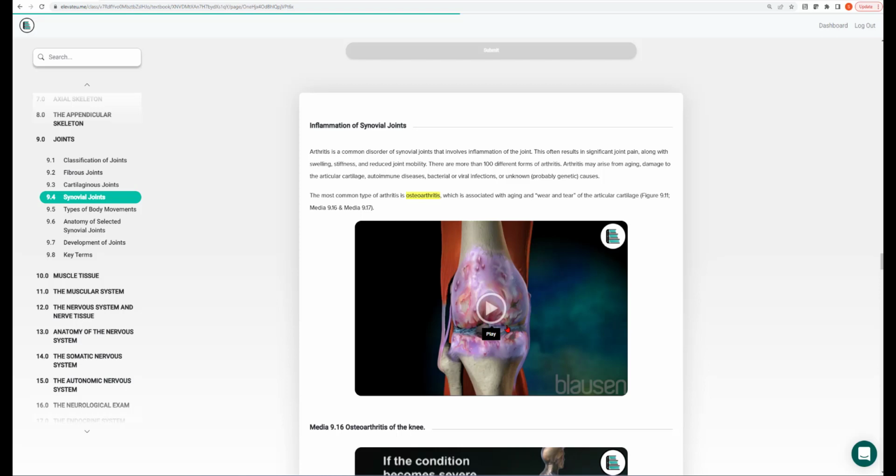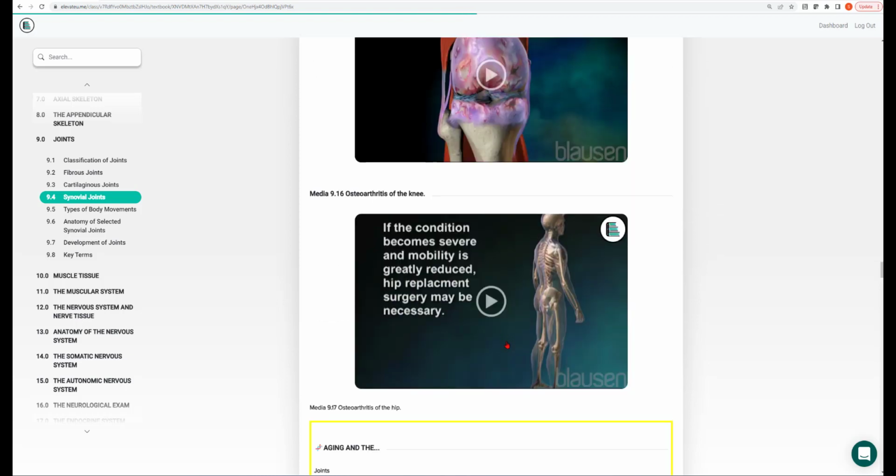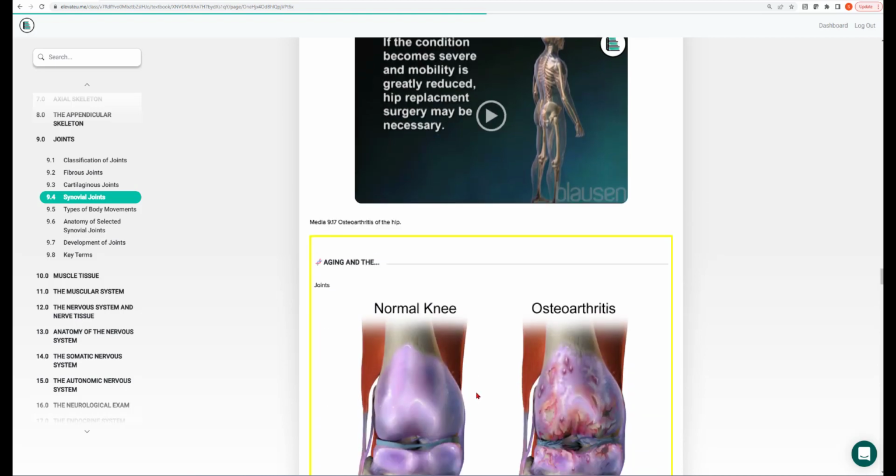Once that arthritic change occurs, it seems to progress more quickly. So definitely watch these two quick videos on osteoarthritis of the knee and osteoarthritis of the hip.